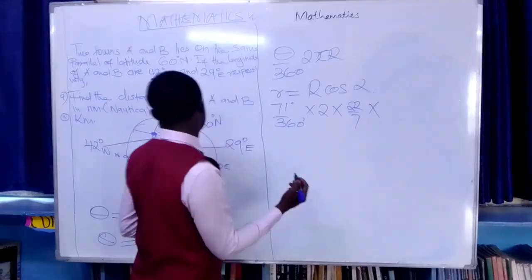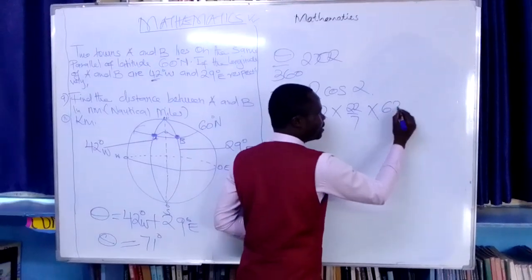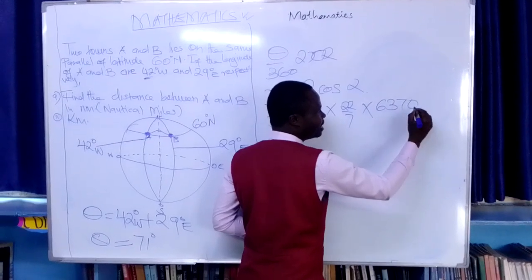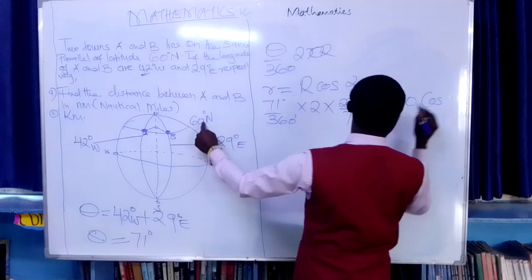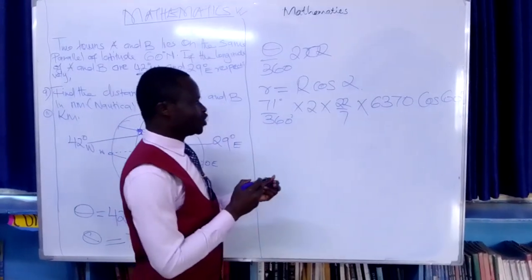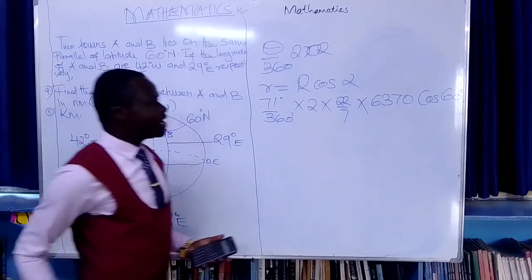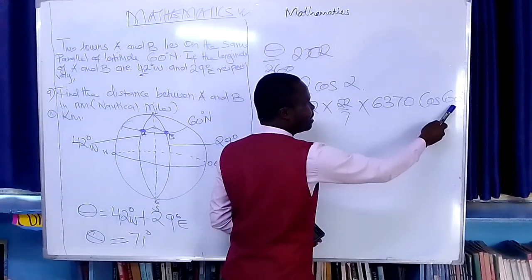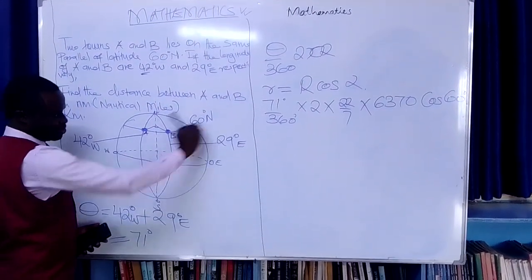Our theta is going to be 71. R of the great circle is 6370, so r is 6370 cos of latitude, and our latitude is 60 degrees, cos 60 degrees. The reason why we are using cosine of 60 is because we are working on a small circle, not a great circle.